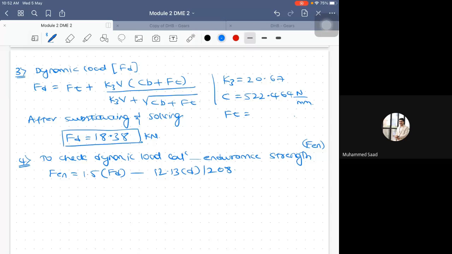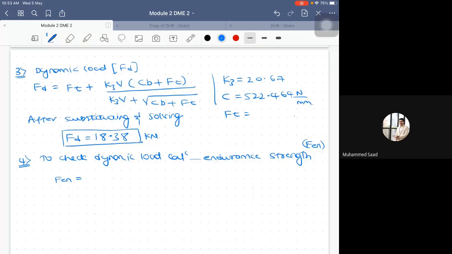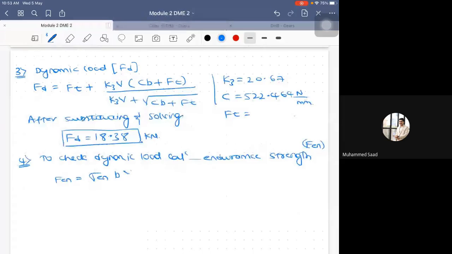So FEN is equal to, just give that formula. FEN is equal to sigma EN, B, Y and M. All these parameters are there.